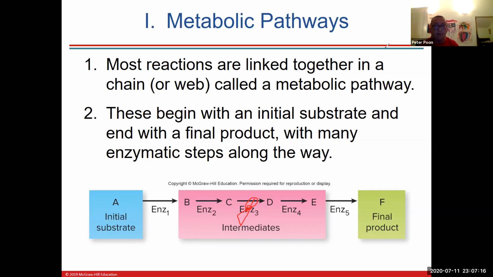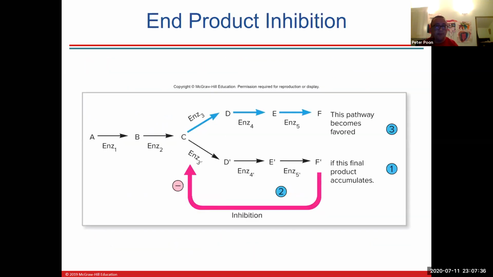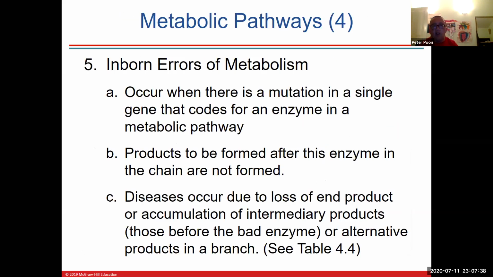And you're right. Missing the final product F, especially when you need it, is a problem. This is one of the first things that scientists figured out, and this is the inborn errors of metabolism.